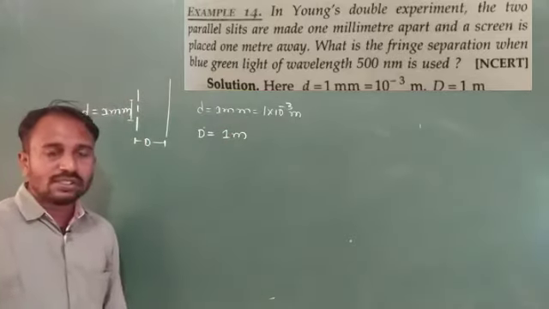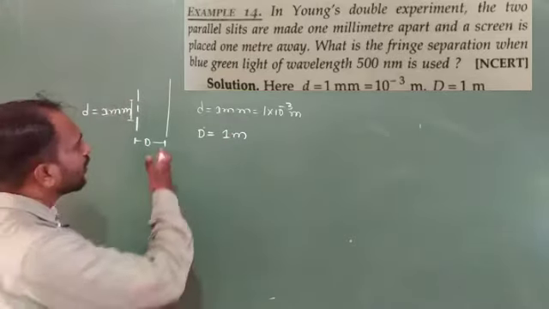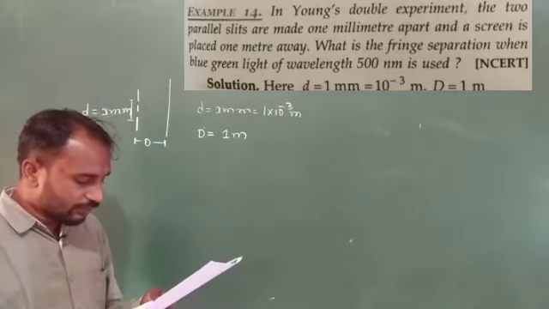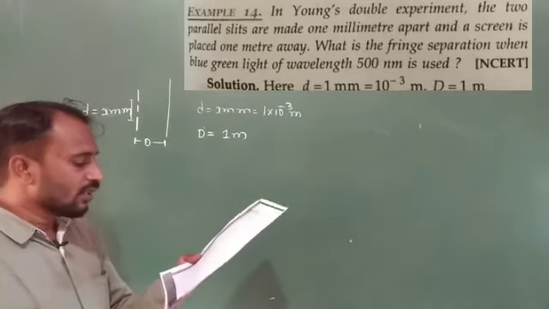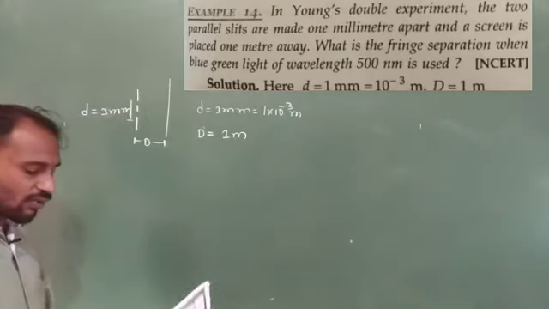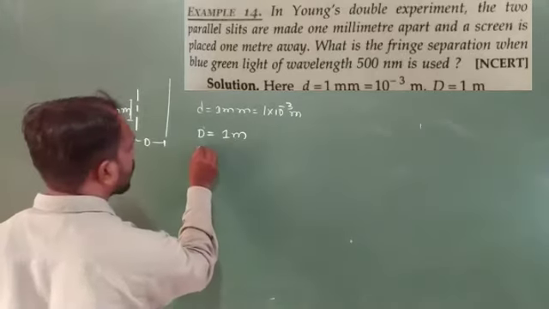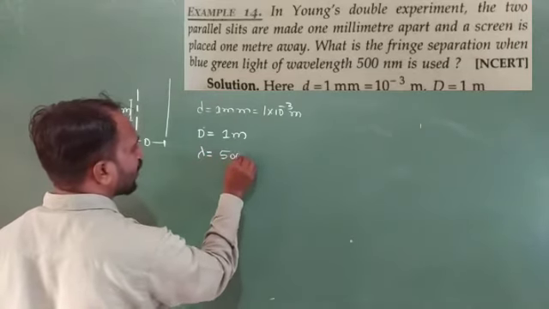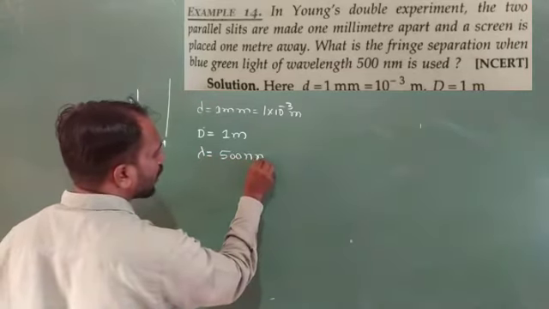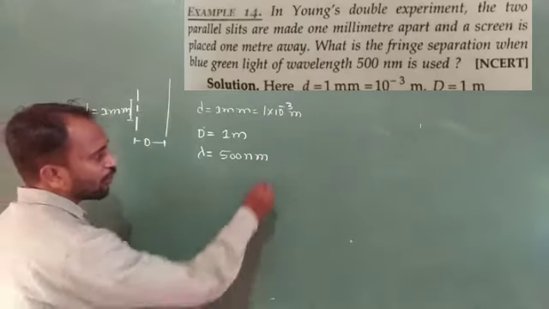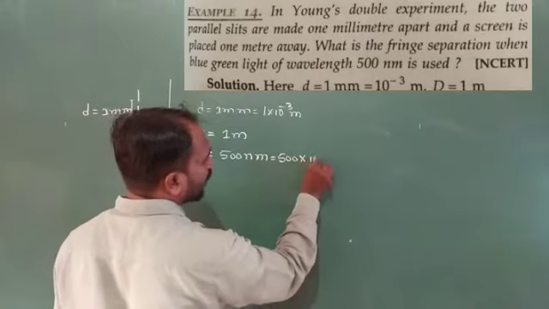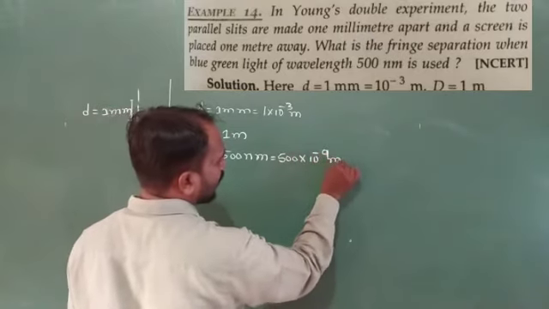Next, the wavelength. Wavelength lambda is equal to 500 nanometer. Nanometer means 500 into 10 power minus 9 meter.